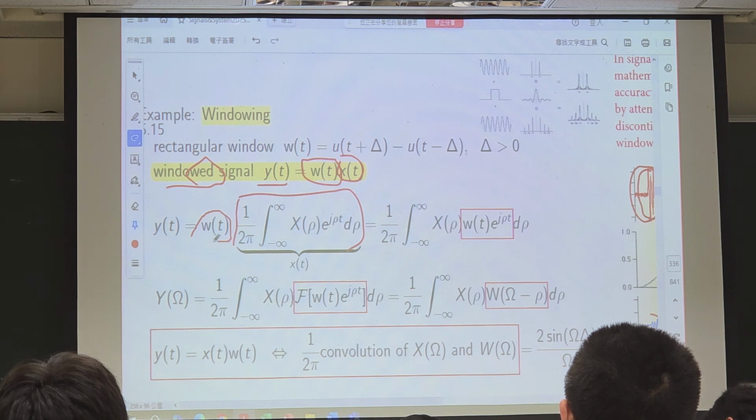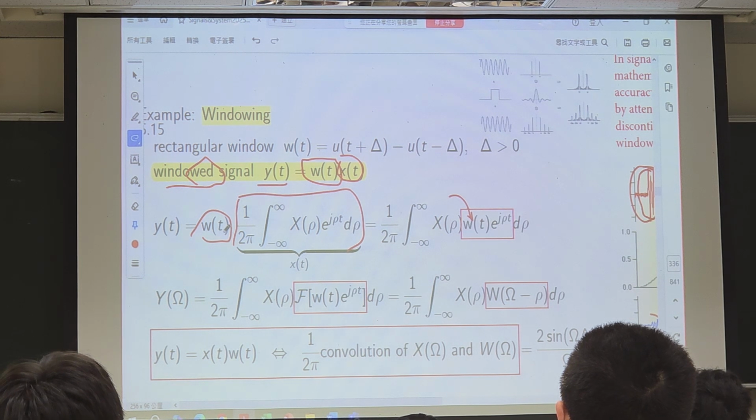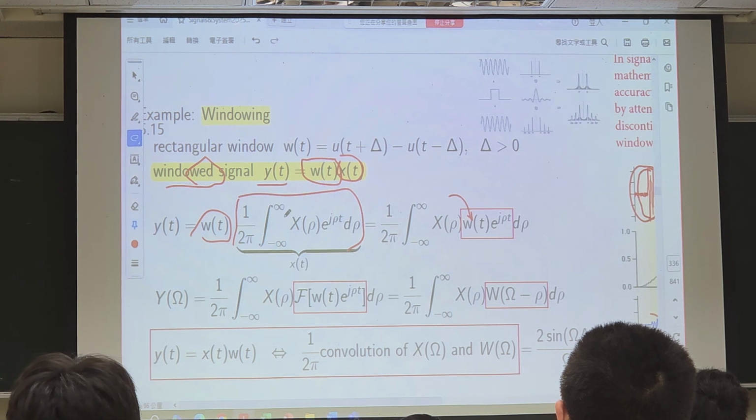And this w of t can be moved into the integration, since it is independent of the variable. So we can move w of t into the integration and then take the Fourier transform.